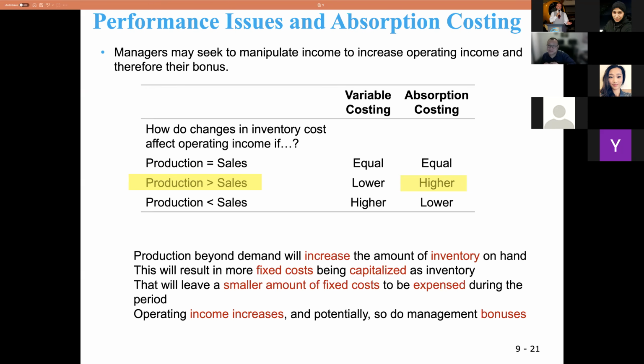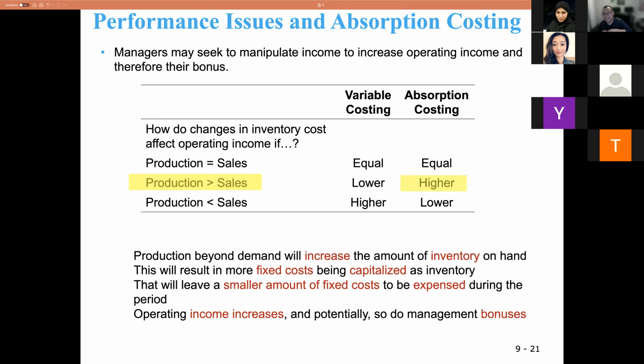Is there a problem using variable costing? Would that increase the cost though? Because it's a completely different costing system. Do they have to do a completely different calculation for inventory and stuff?